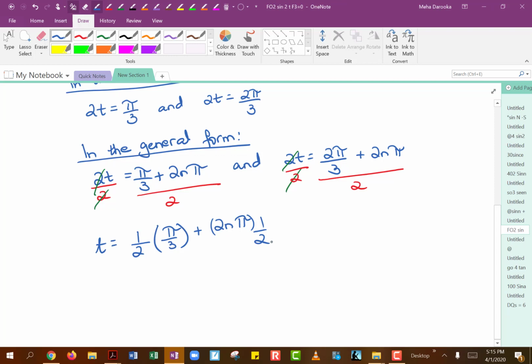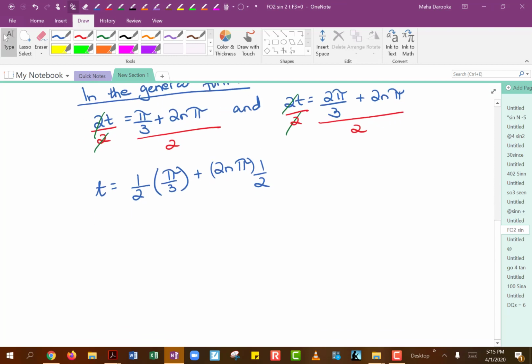So I'm going to do this side first and then come back to the other side. You will end up getting t equals, so you're going to be multiplying the 2 and the 3 on the bottom, and this will end up becoming pi over 6. And then on this side, this 2 on the bottom will cancel this 2 from the 2 and pi, leaving you behind with just n pi.